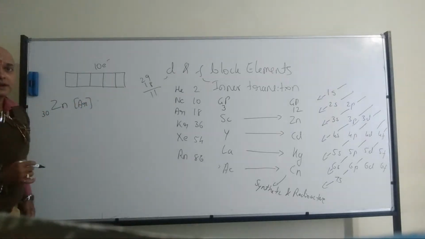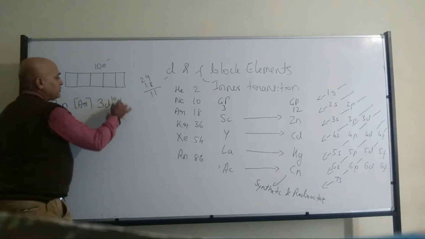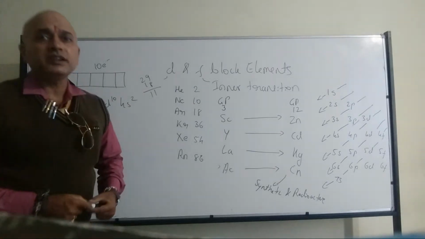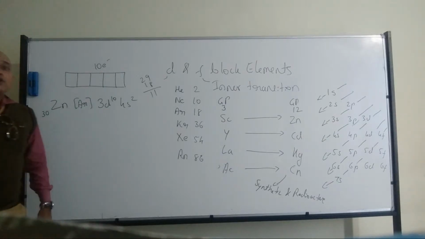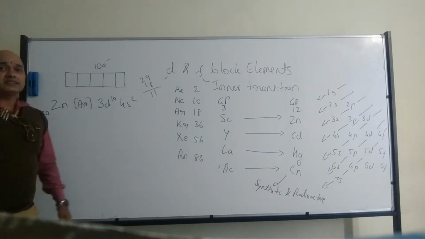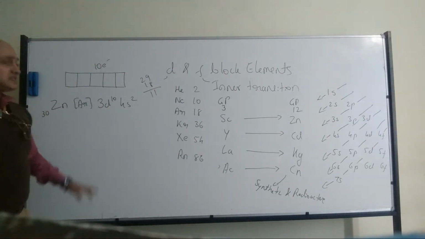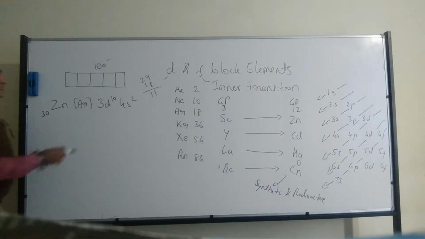Now it will become 3d10 4s2. You can write 4s2 3d10. That is also fine, absolutely correct. So we have 3d10 4s2. Now we have completely filled the d subshell, where in zinc we have the completely filled d subshell.